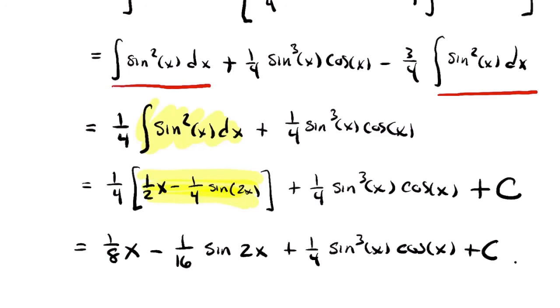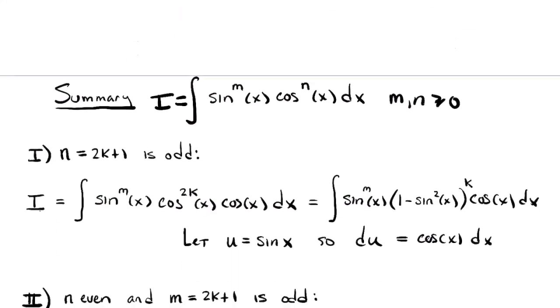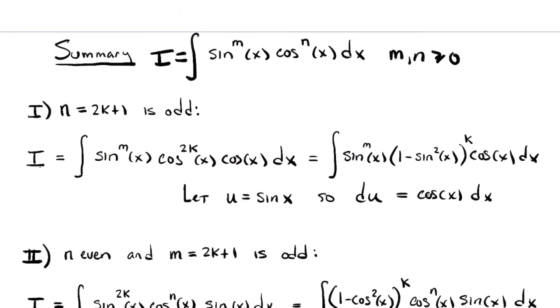Okay, so I'm going to end this video by just trying to summarize what we were just doing up above. So I'm looking at integrals of the form power of sine times power of cosine. Powers are non-negative whole numbers. So the way I like to process this, the first thing I try to look at is this number n, the exponent on cosine.